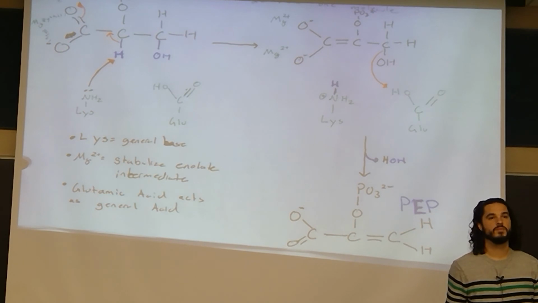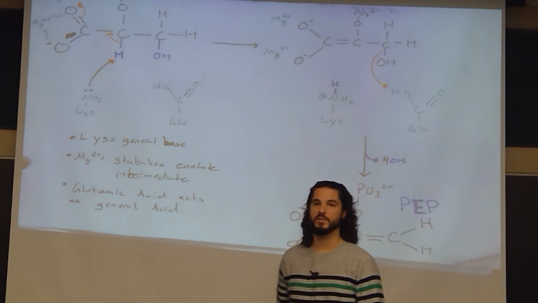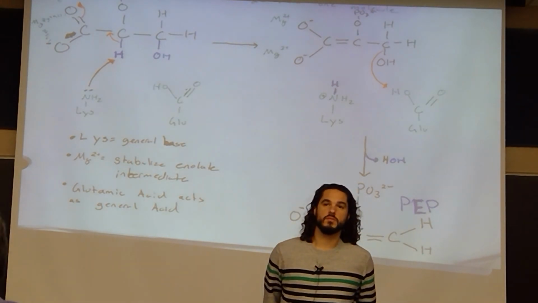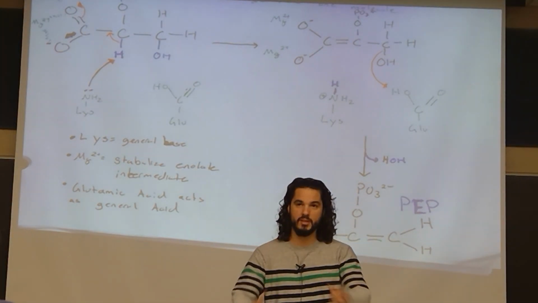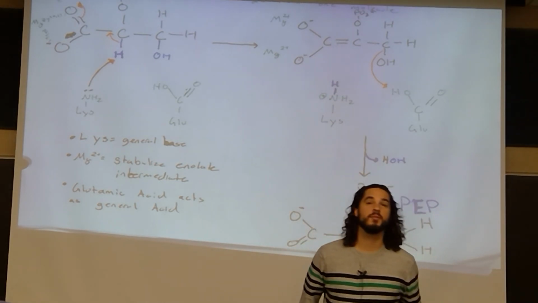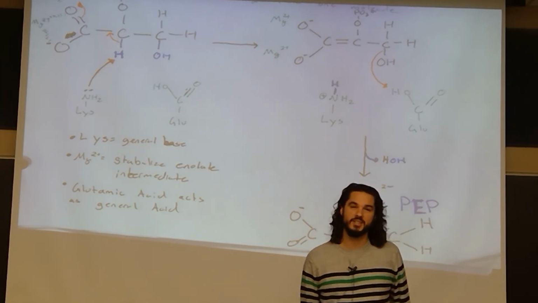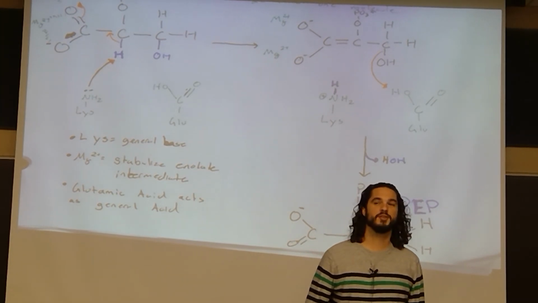We said PEP was again possible, phosphoenol pyruvate. What was the second regulatory step? First regulatory step was number 1, right? Second regulatory step was number 3, phosphofructokinase. If you need to know something about regulation steps, you need to know something about phosphofructokinase.